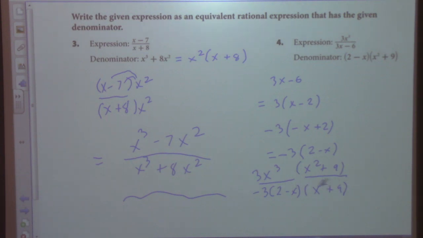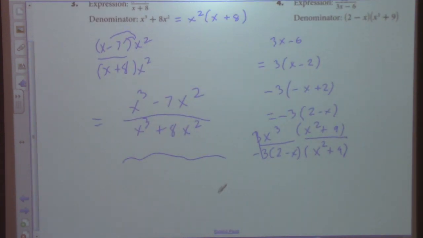We're trying to leave 2 minus x in the denominator so that the 3 will cancel out, and the negative will come up here. So what we have is negative x cubed over 2 minus x times x squared plus 9, and then in the numerator we have x squared plus 9.